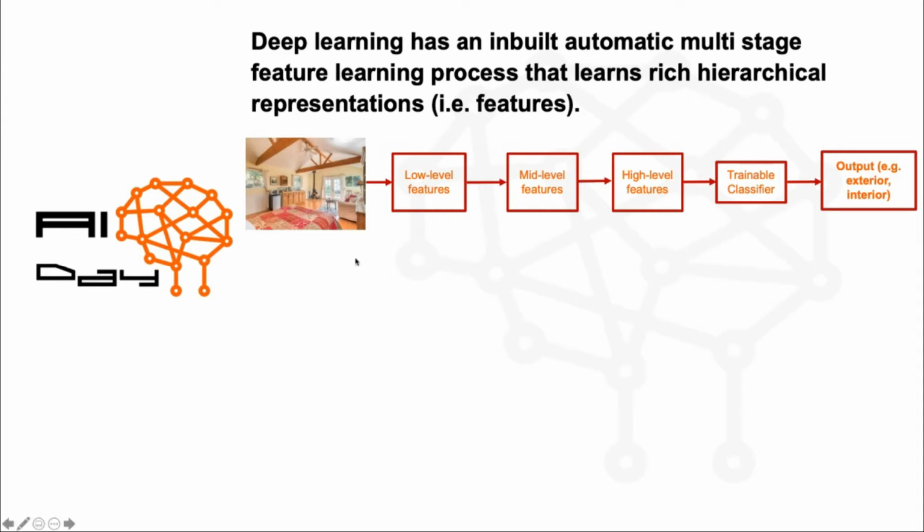For instance, you have a picture, and through the pipeline, it will discover the features that determine what is inside this picture, and maybe discover the feature that will determine, okay, is this input or output a picture?